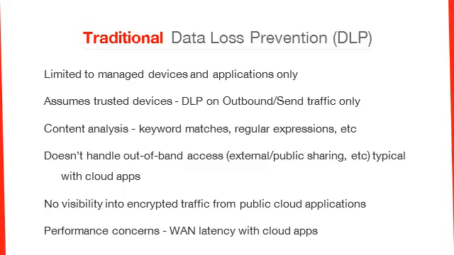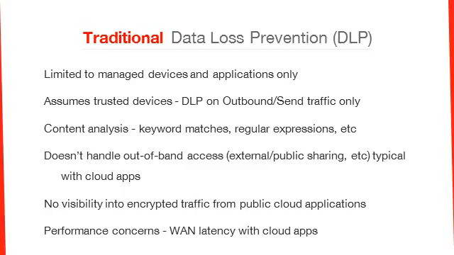Second big thing is architectural, in terms of the way that a lot of these DLP solutions have been built. They were architected for a scenario where we're trying to protect data from leaving the organization. And the primary avenue for that data leaving the organization was outbound, let's say towards the internet, or from within a managed device, download to a USB drive, etc. The assumption there was that a lot of these devices are trusted, meaning that users should be able to access anything they want to, and only if they try to take it outside of the corporate network or off one of those managed devices do we want to implement DLP policies.